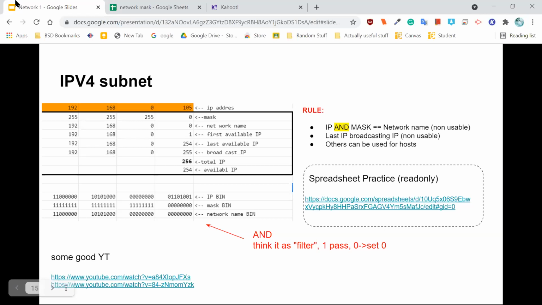The mask and the IP of a host and the network are essential. You need a very good understanding of this, and that way you can solve problems very quickly. This is the way we did it: we built a spreadsheet and showed everything in one spreadsheet, which I think is efficient.